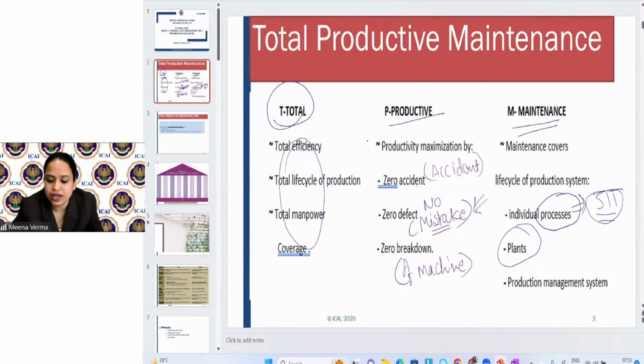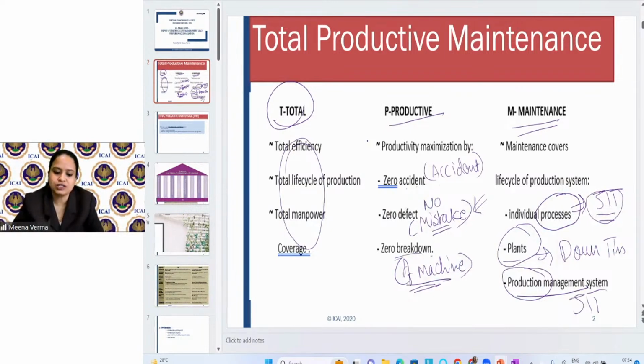And if you don't expect any downtime of plant and machinery, so we expect zero breakdown of machine, right? And the entire production management system should be proper.